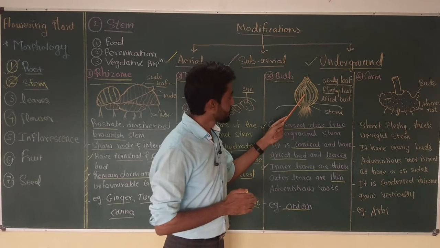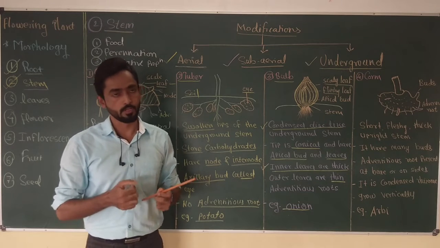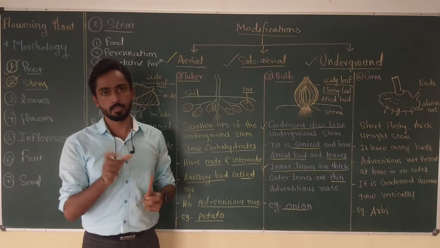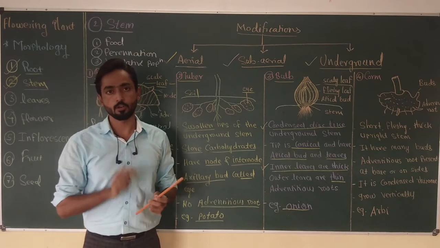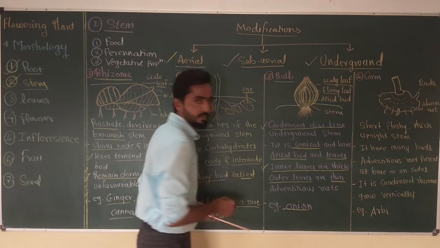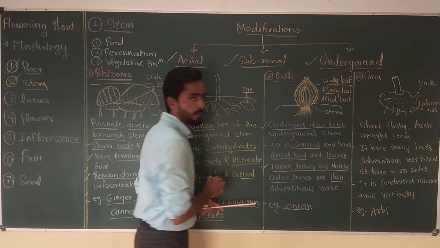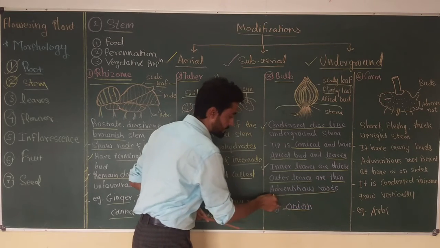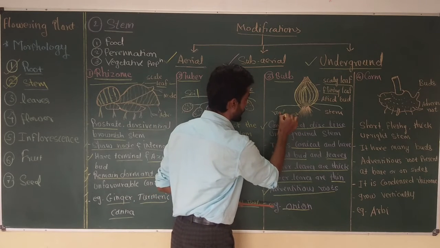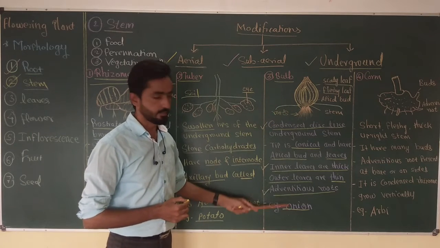Number one, inner thick fleshy leaves, which perform the function of food storage, while the outer thin and dry leaves perform only the function of protection. They do not store food material. Here I have mentioned outer leaves are thin and dry. The last important characteristic of the bulb is that adventitious roots are present in the bulb. Here you can observe roots, and they are of the adventitious type. A well-known example of the bulb is onion.